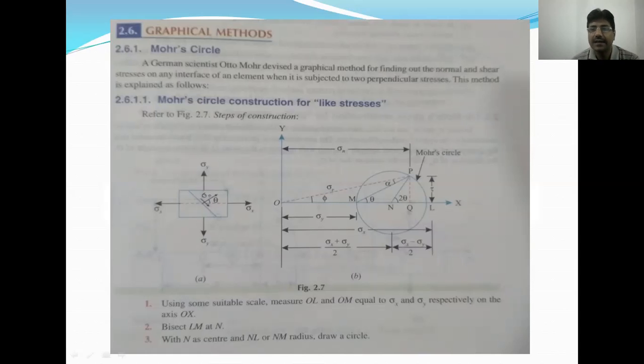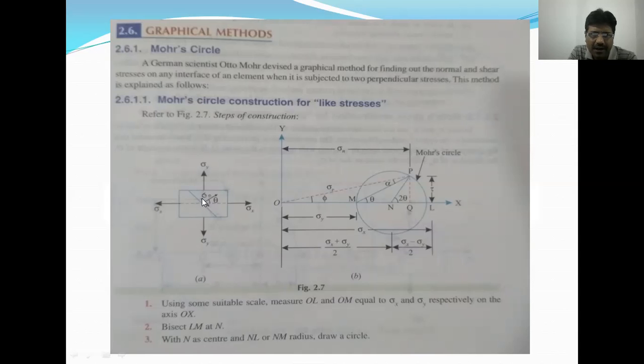The stresses acting along this plane will be direct stresses, and there will be no shear stresses. The stresses acting on this plane are known as principal stresses. Theta is the angle of this plane along which there is no shear stress.